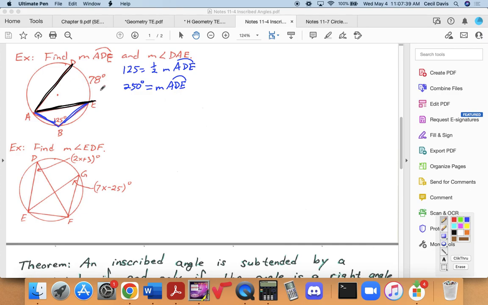The arc that it intercepts is 78. So the measure of the angle is half the measure of the arc. So it'll be half of 78 degrees, which is 39 degrees. So again, with an inscribed angle, the measure of the angle is half the measure of its arc.